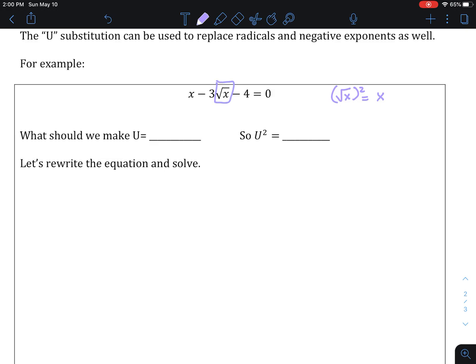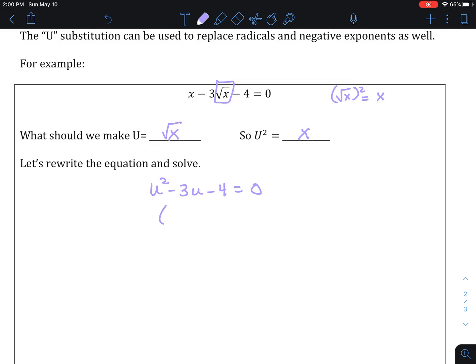Again, I like to look in the middle to see what I think u is going to be. So if I make u the square root of x, then u squared would just be x, right? This equation then would become u squared minus 3u minus 4 equals 0.